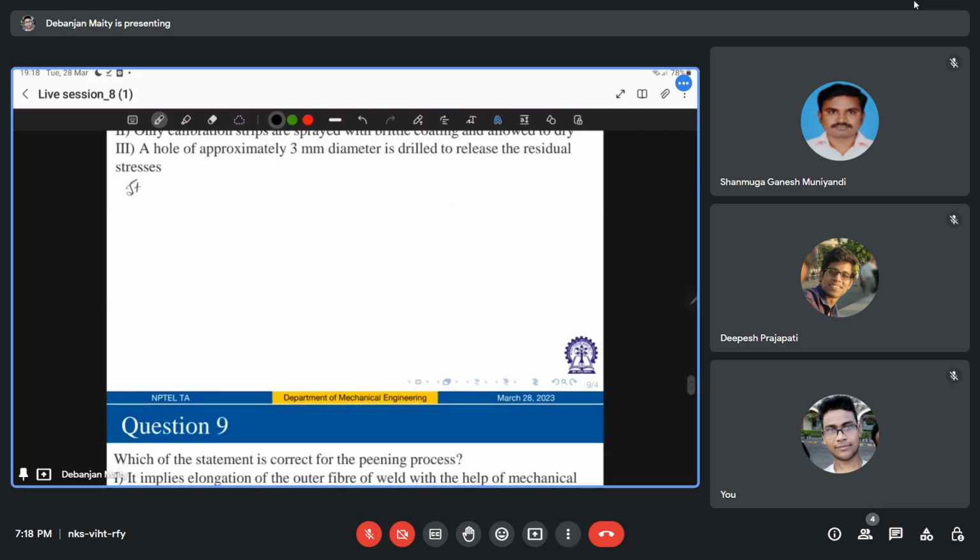One is this stress relaxation technique. So what happens in the stress relaxation technique? All these methods for measuring residual stress are based on the fact that the straining that takes place during unloading, or basically when you are removing or freeing the material, is elastic, right?